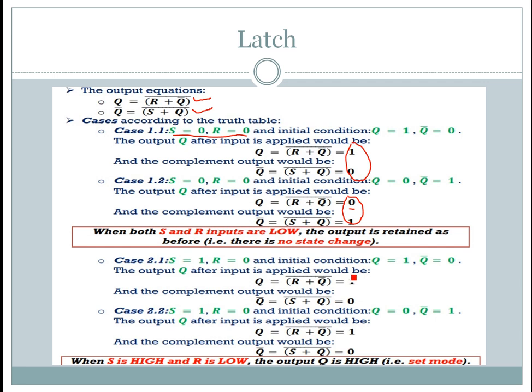Now observe these values. In both cases, Q value is 1 and Q bar value is 0. So when S is high and R is low, the output Q is high. That means you can say the latch is in set mode.